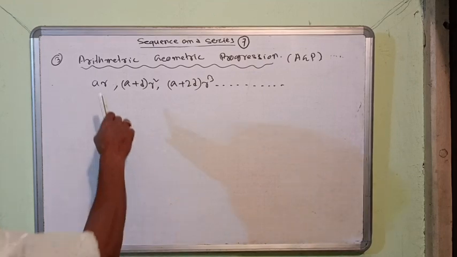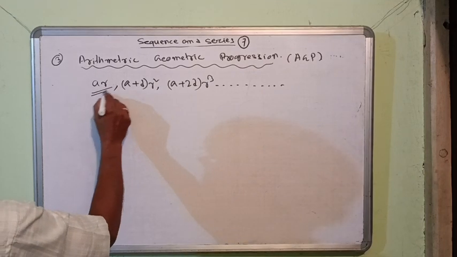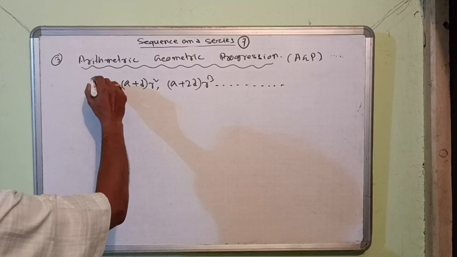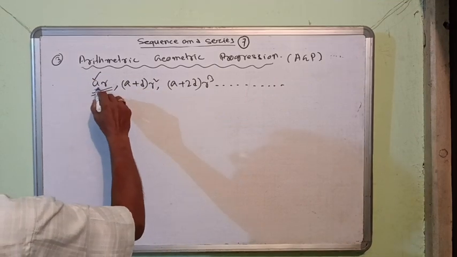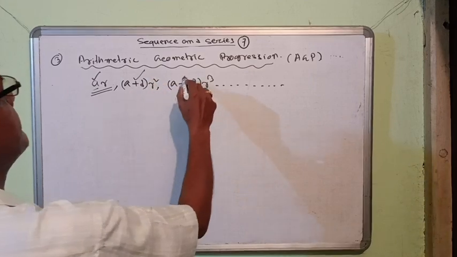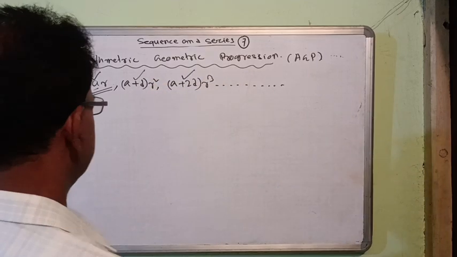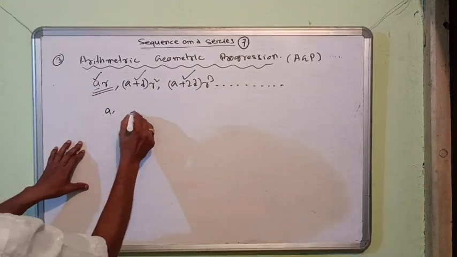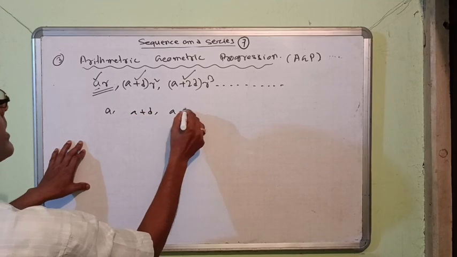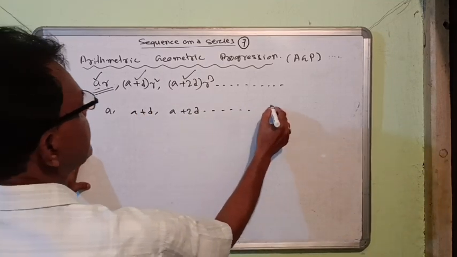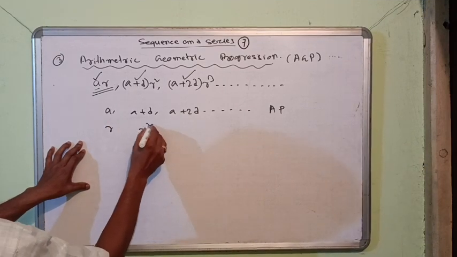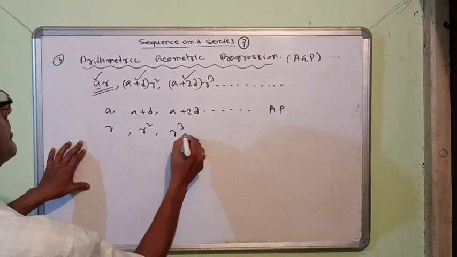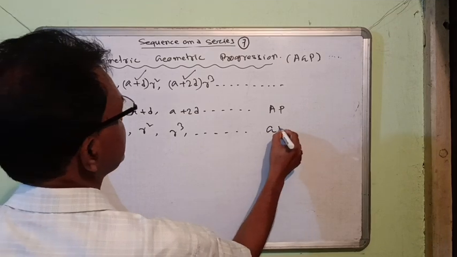Why? Each term is the product of what? a, a plus d, a plus 2d and so on is an AP, and 1, r, r square, r cube and so on is a GP.